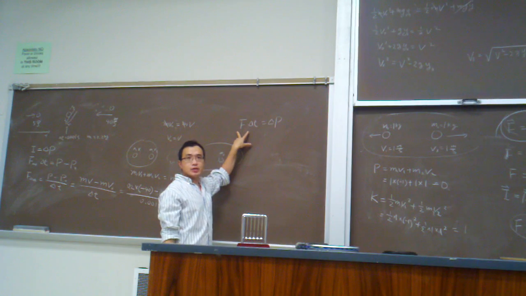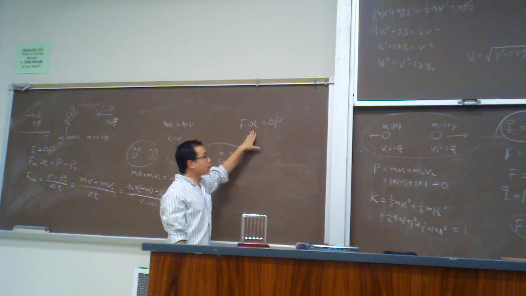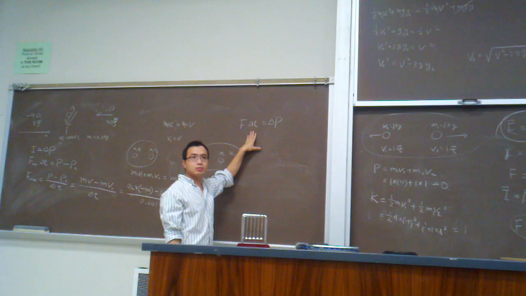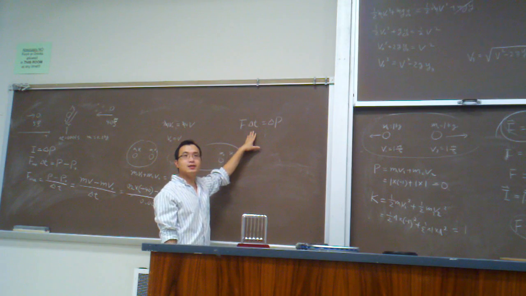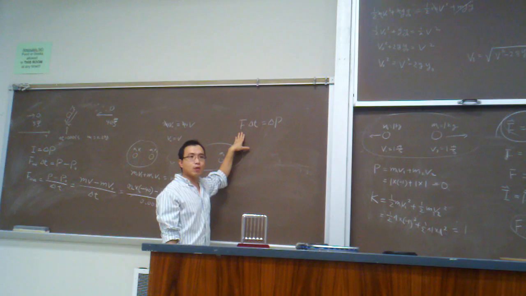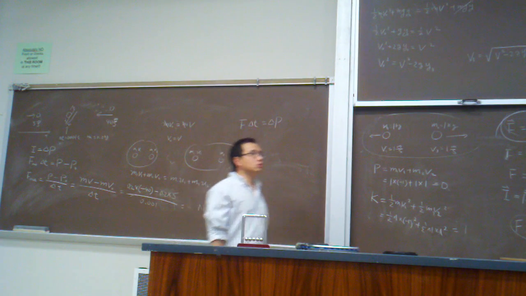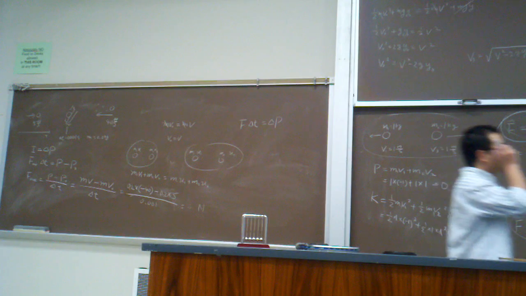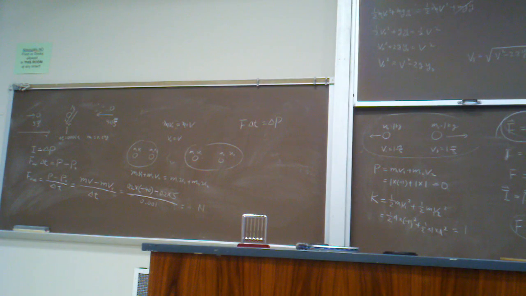There are two quantities, so you have two possibilities. Either make delta t equal 0, but in fact that's impossible. Any physical process takes some time. You cannot make the contact time 0. So the only possibility is to make the force equal 0. So if there is no force acting on the system, the momentum will be conserved.